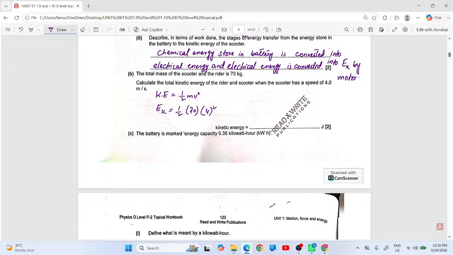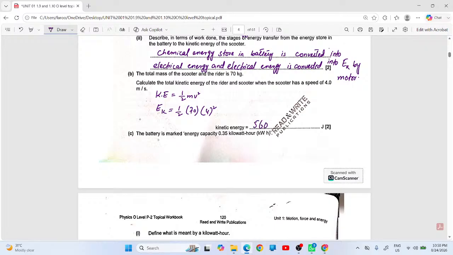Check करें. 0.5 multiplied by 70 multiplied by 16. 560 joule.